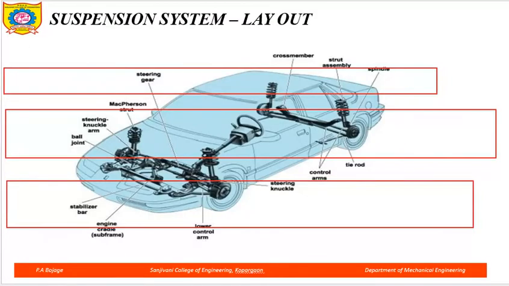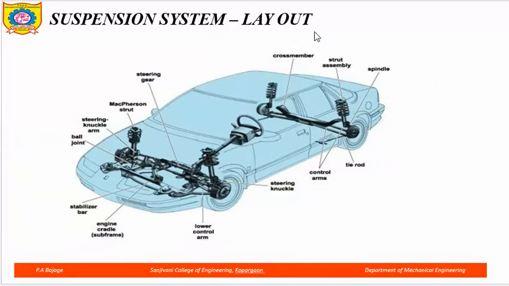Now, this is the general layout of the suspension system. You can see this is a sedan car. You can see the suspension system here. Okay. So, this is the steering gear here. This is the MacPherson strut front suspension, which is also called the independent suspension, lower control arm, stabilizer bar here, the ball joint.